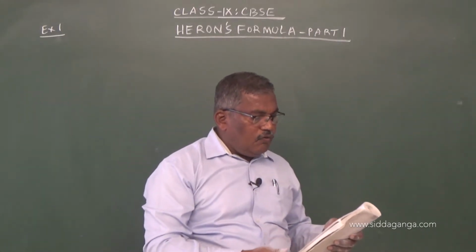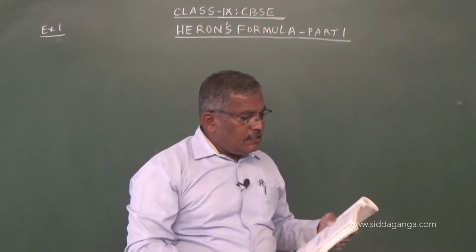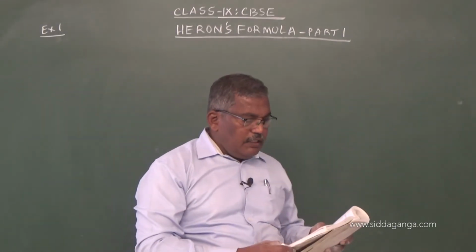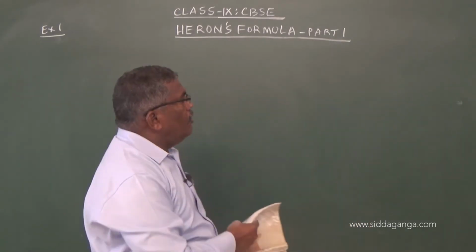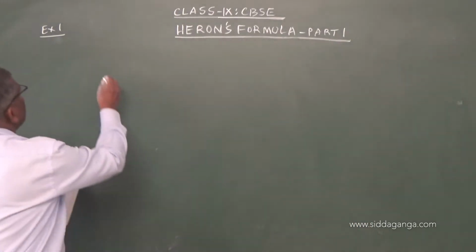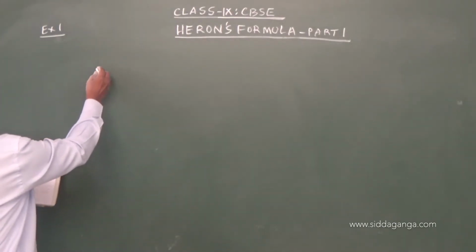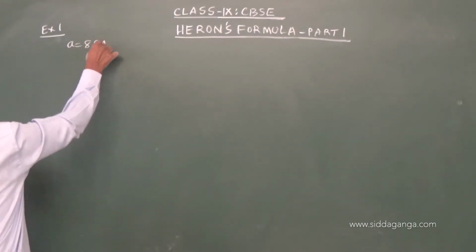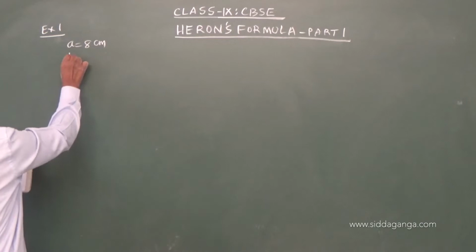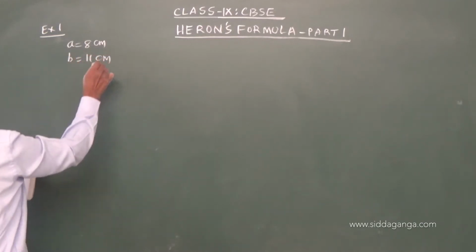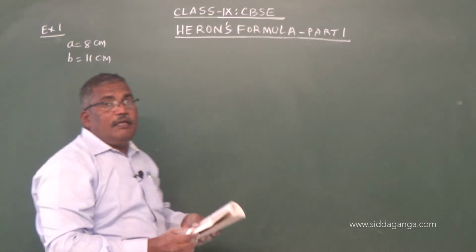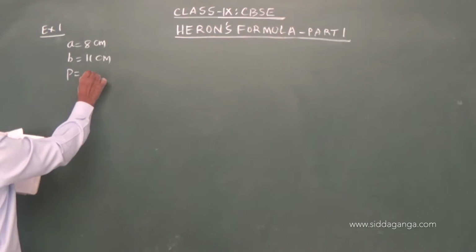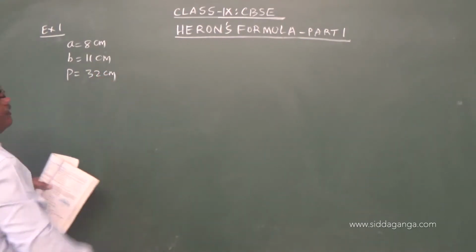Find the area of triangle whose two sides of which are 8 centimeter, 11 centimeter and perimeter is 32. So what they have given is, one side is 8 centimeter, you can take it as A equals 8 centimeter and another is B equals 11 centimeter and perimeter P is given. So it is 32 centimeter.